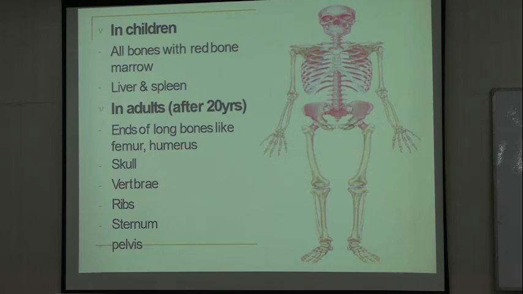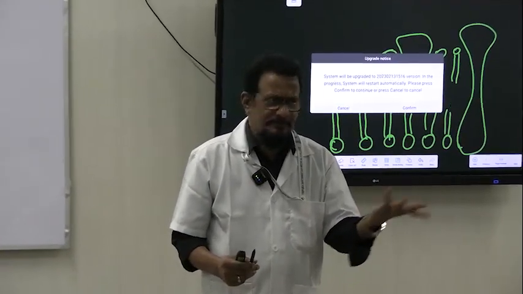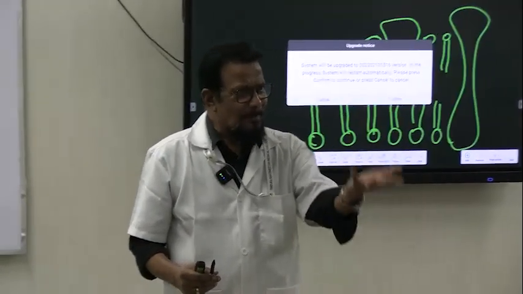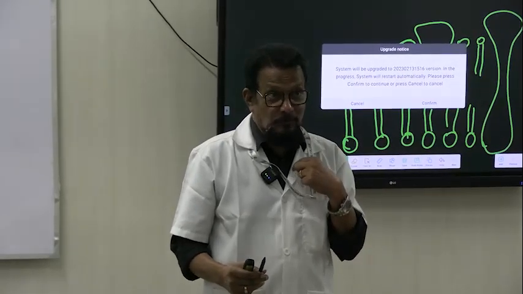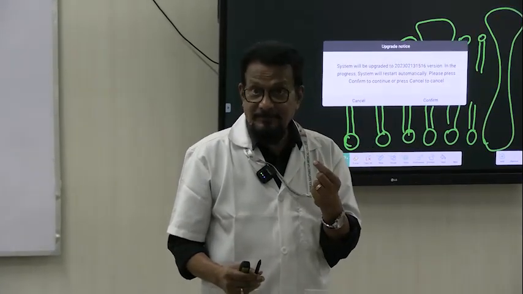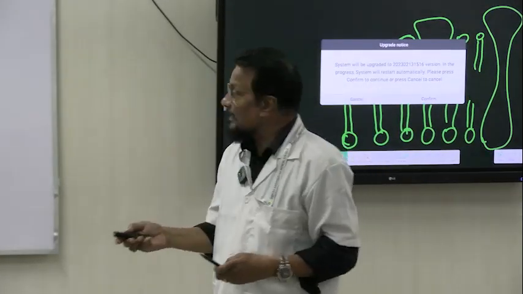One simple question can be asked: why in the adult stage can the femur not go for erythropoiesis? Simple question. Now you are able to answer this. Those who are listening will be able to, and those not listening will not be able to do it.